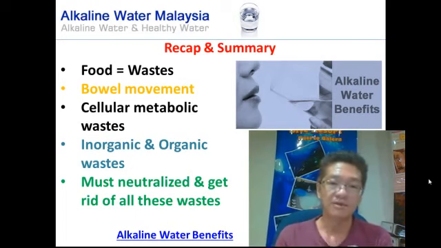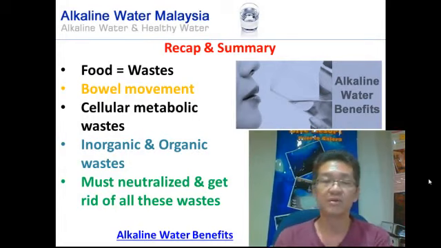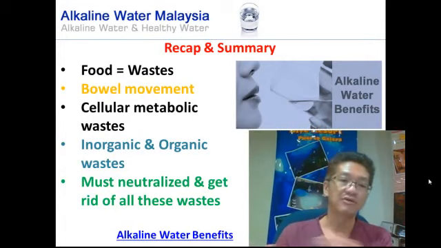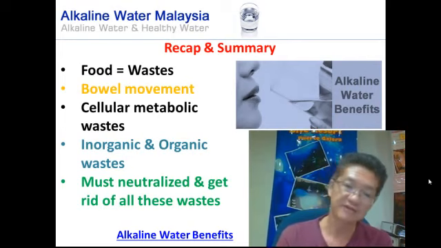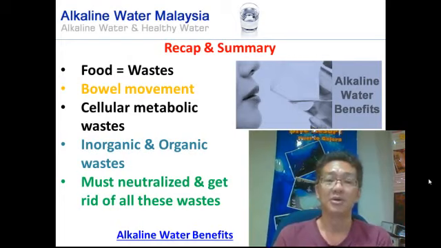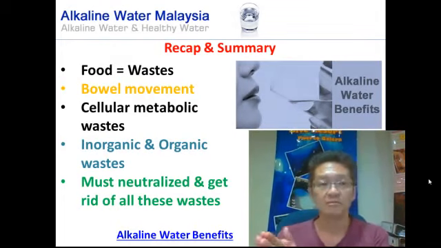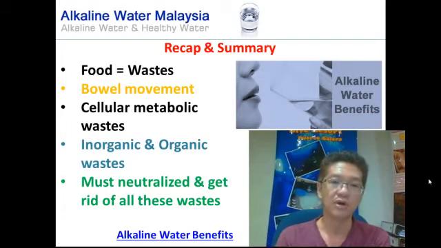The cellular metabolic wastes we're talking about are basically inorganic and organic wastes, okay? And all these wastes must be neutralized and gotten rid of, or else they will lead to problems in the body and health, which we will address in a future video.